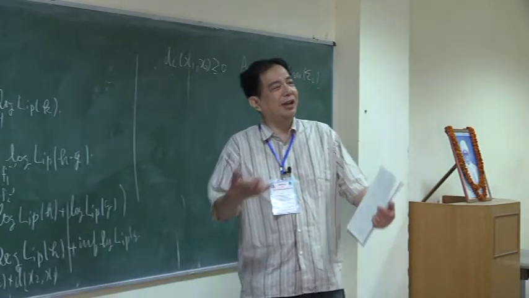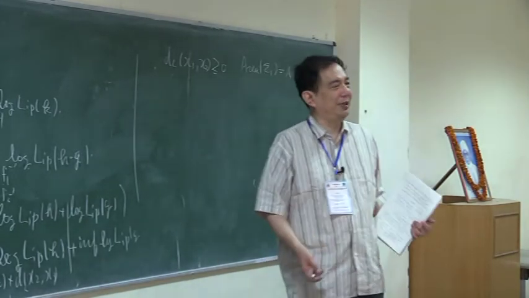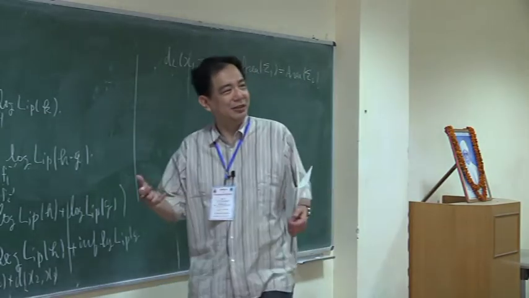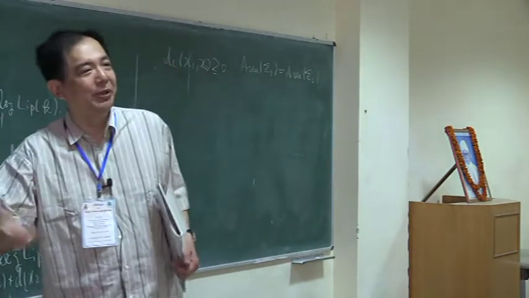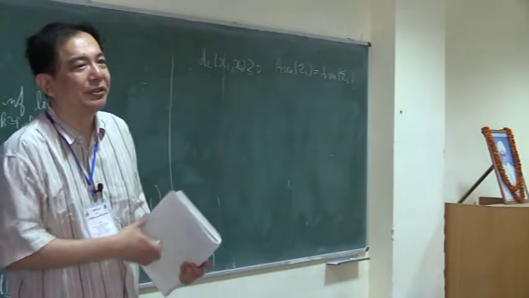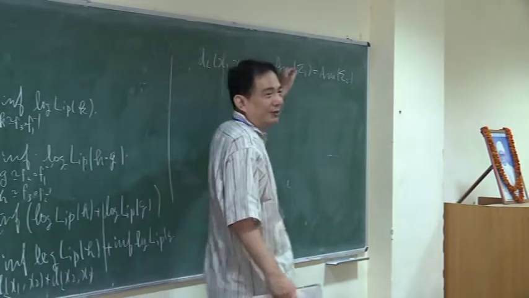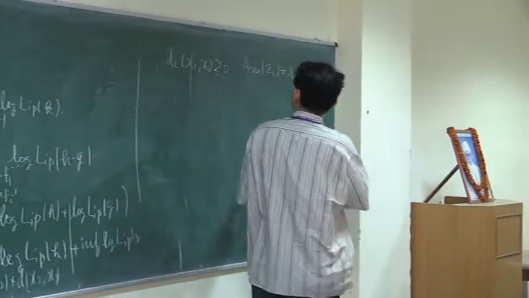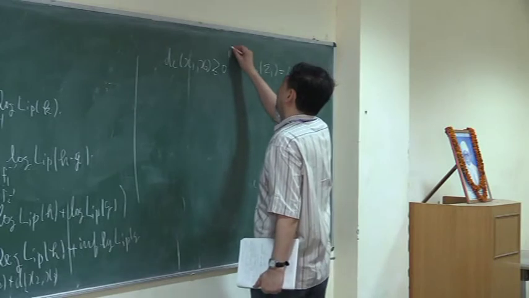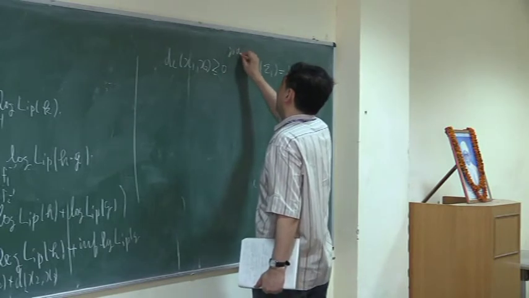Then the area of the image must be less than the area of the domain. But it's a contradiction because they should be the same. So this is derived from this fact.